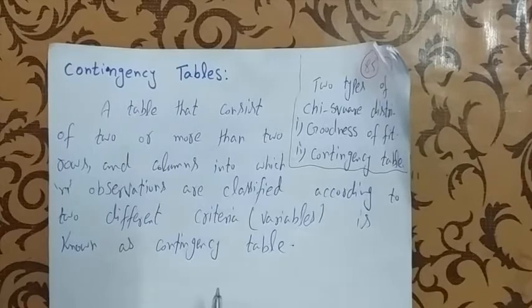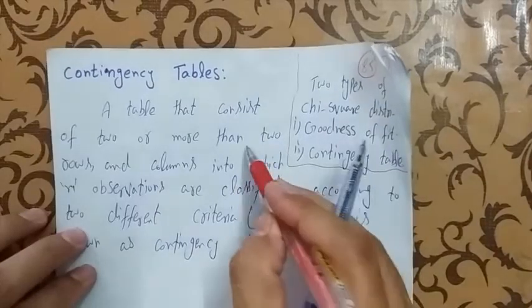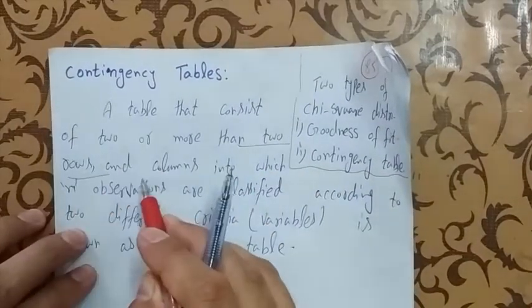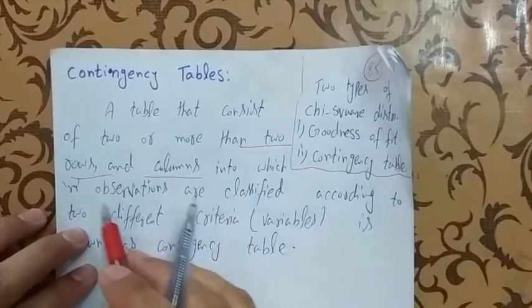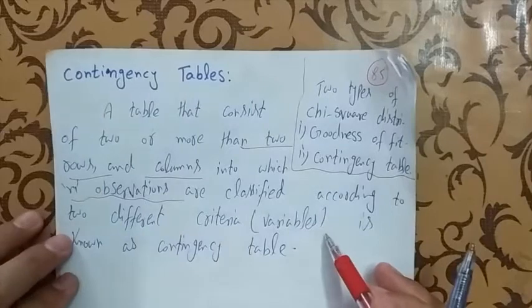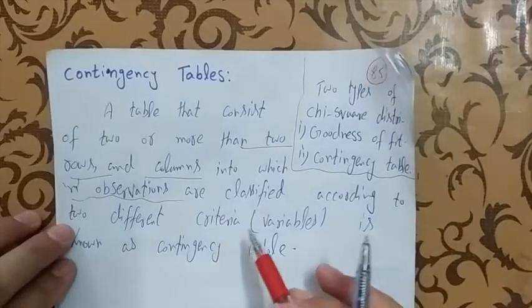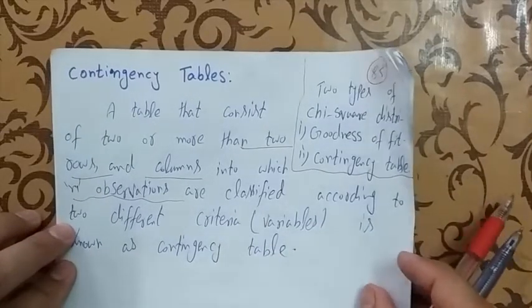Simply, dear students, two or more than two rows and columns under which n observations are classified according to two different criteria is known as contingency table.